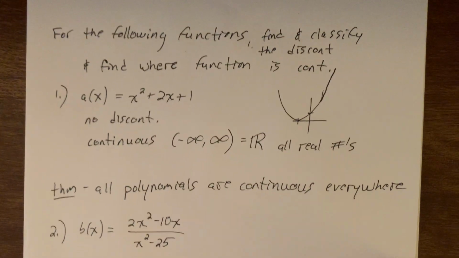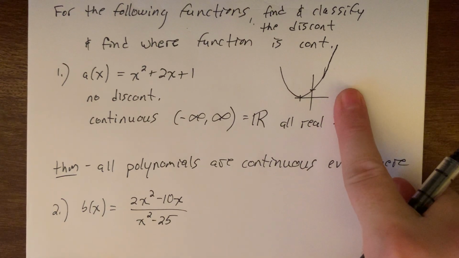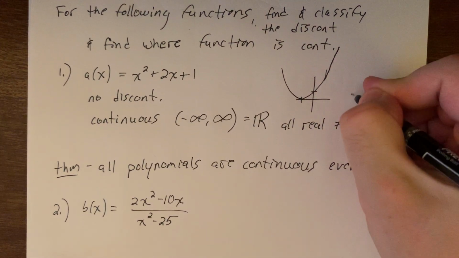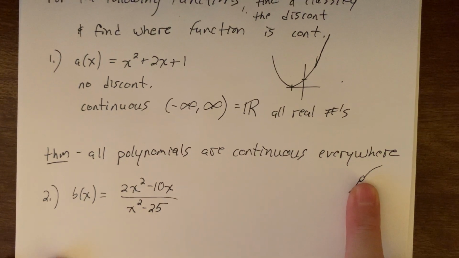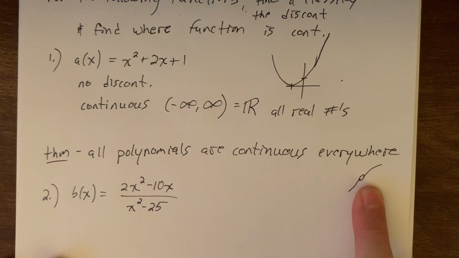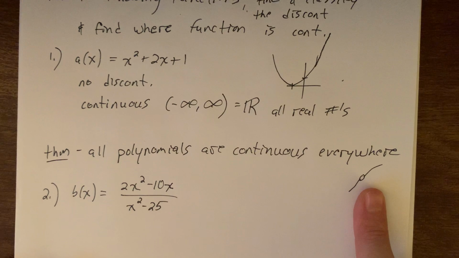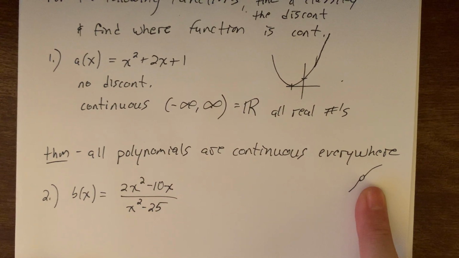I know some people might reach for their graphing calculator to do it in a manner similar to this, but then the question is, are you zoomed in close enough? Little open holes in a graph, you don't see those on a graphing calculator. You'd probably spot an asymptote, but also consider your window. Most people have their graphing calculator from -10 to +10 on the x-axis, but not everybody.